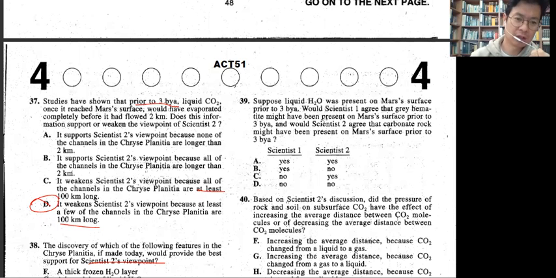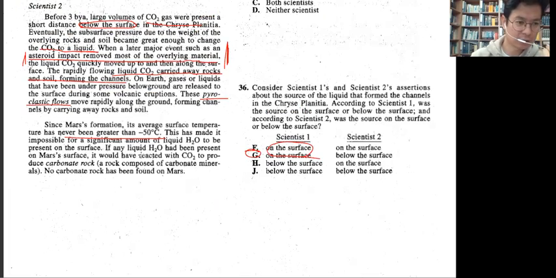Suppose liquid H2O was present on the Mars surface 3 billion years ago. So which is scientist one? Yes. Scientist two, Mars surface. Yes, two. So it's A. Because carbonate rock, which is CO2, is the one, you know, it says carbonate rock right here.